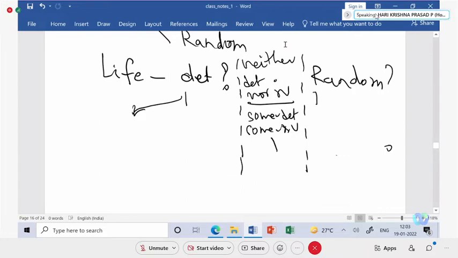Can you please tell me a few things that come under mixed version? What things do you think are deterministic? What things do you think are random? You are now in the middle column, or second column, fine. Deterministic is first column. Age of a person is deterministic.